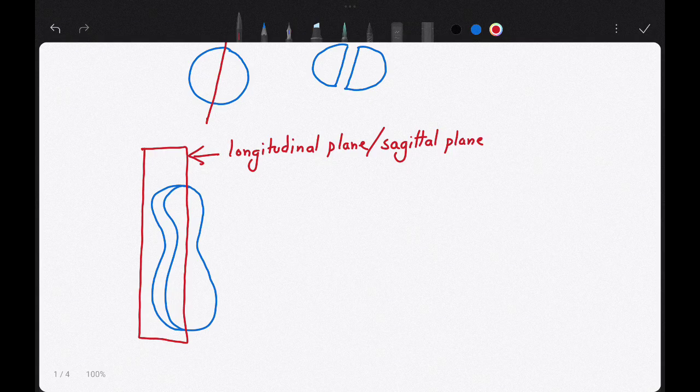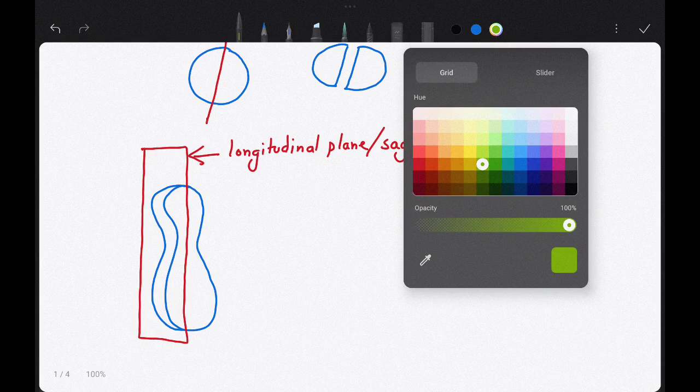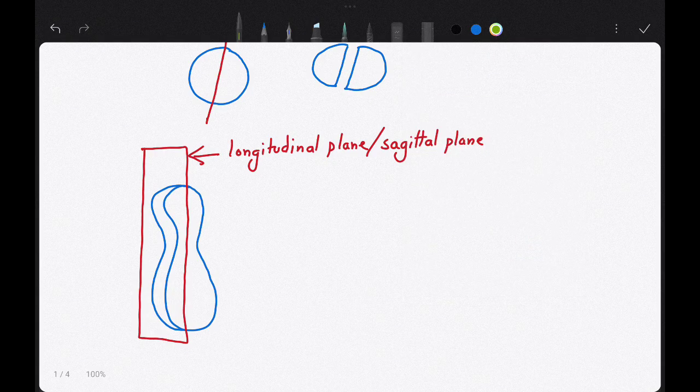Now if I cut it from left to right, this is called the transverse plane.